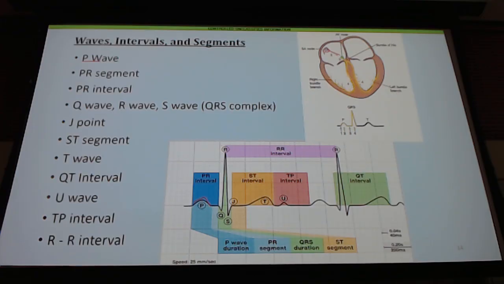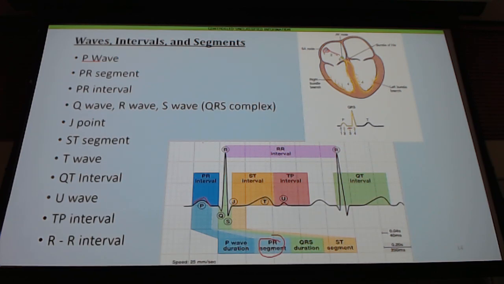When that action potential gets to the AV node, you're going to have a pause, and this is your PR segment. That pause allows all of the atria to contract and gives time for the blood to actively flow from the atria into the ventricle before the QRS starts.